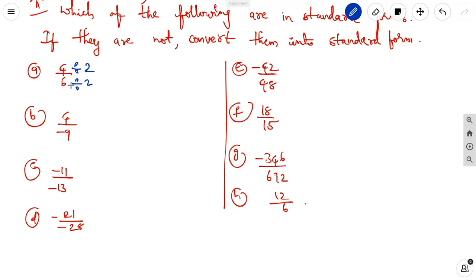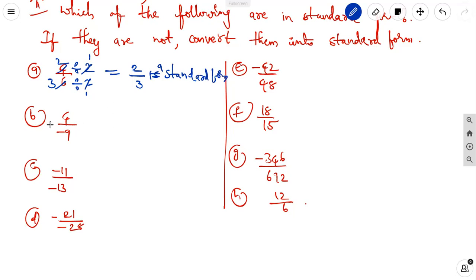We divide the numerator and denominator by 2: 2 ones are 2, 2 threes are 6. So it's 2 by 3. These two are clearly prime numbers and the denominator is positive. So it is a standard form.